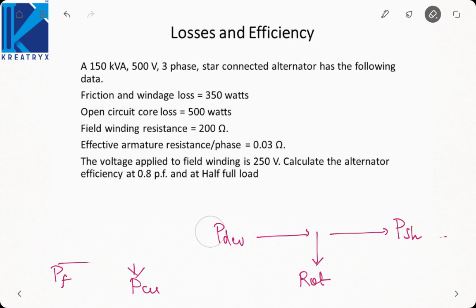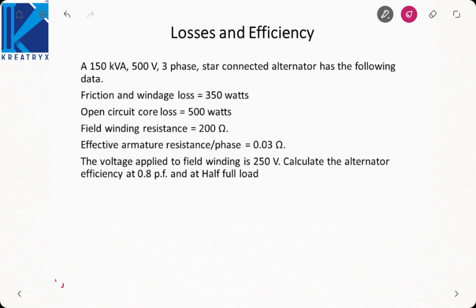Now let us see the problem that is given to us. It is saying a 150 kVA. So that should be our output power or output rating, because in kVA only the apparent power can be given and mechanical power does not have any imaginary term, so it is electrical power, and for an alternator electrical power is the output power.